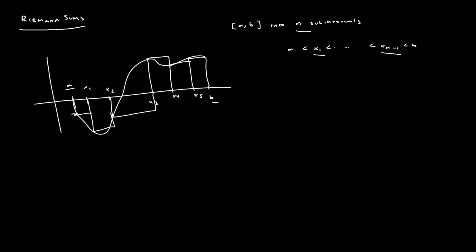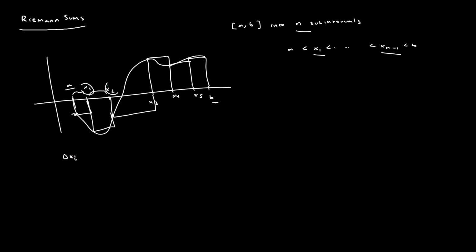All right. And so I have these subintervals, right? Specifically, I've divided the interval between a and b into 1, 2, 3, 4, 5, 6 subintervals. And I'm going to call the distances between each of these, so these widths, delta x sub i, where i is just the index of the subinterval.